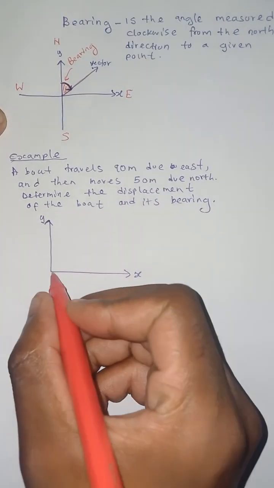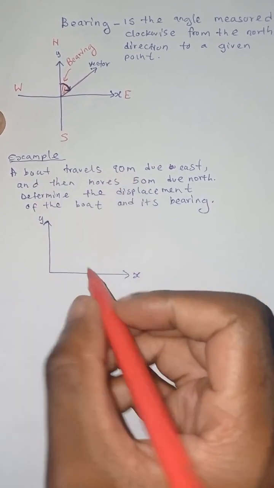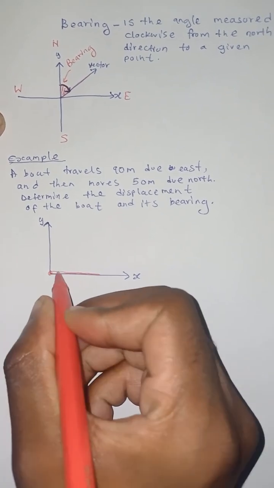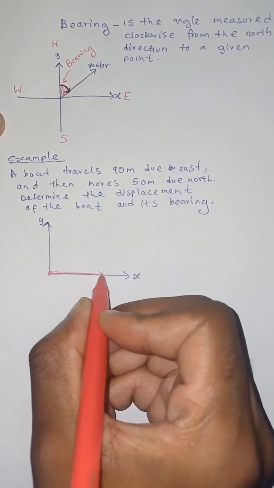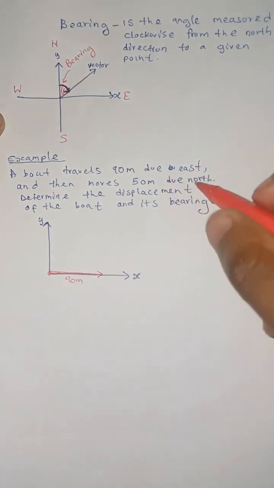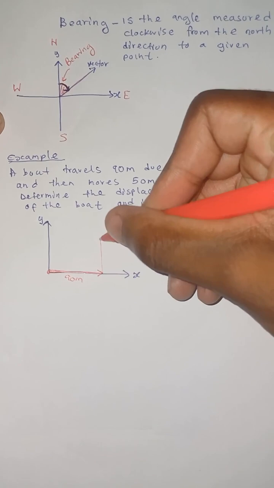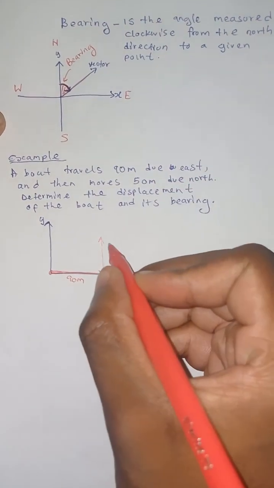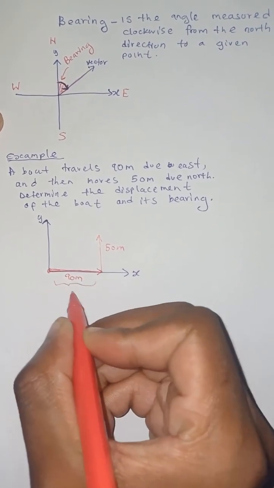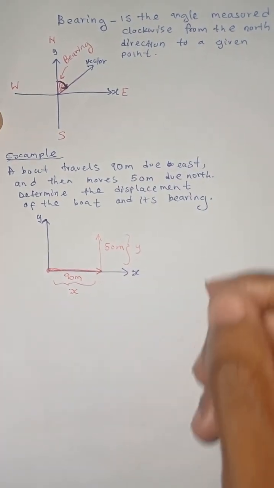The boat travels 90 meters due east. So it will start, let's say, from the origin, and it travels 90 meters due east, and then it moves 50 meters due north. This will be 50 meters due north, and I'll call this to be x and this to be y.